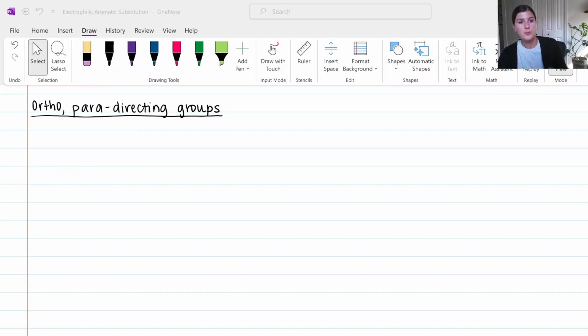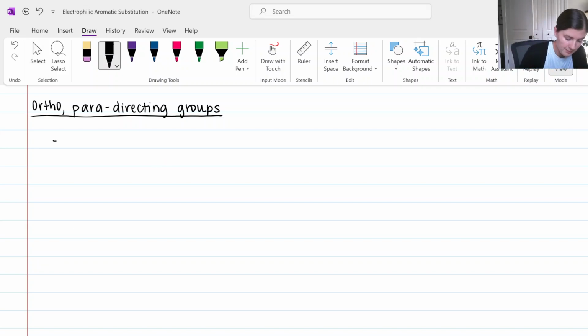Let's look a little deeper into the ortho-para directing group. So you might remember from the video where we created that large table. These are the directing groups that have non-bonding electrons on the atom directly bonded to the ring.